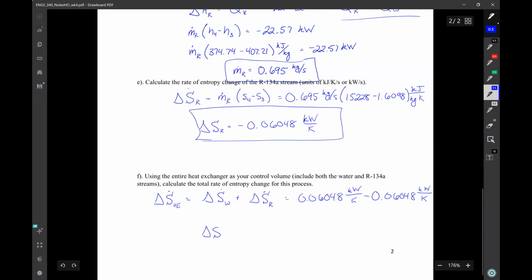So the rate of entropy change of the entire heat exchanger is equal to 0, or we could say that the rate of entropy change of the universe is equal to 0, which is what we mean for the fact that it's a reversible process. So individual components of the heat exchanger can have entropy going up. An individual component could have entropy going down, but the entropy change of the universe, because it's a reversible process, is still equal to 0.